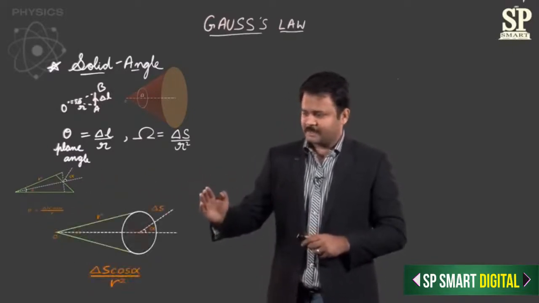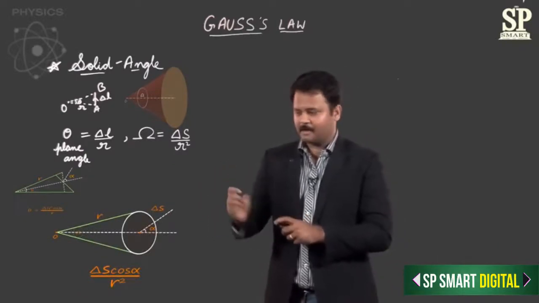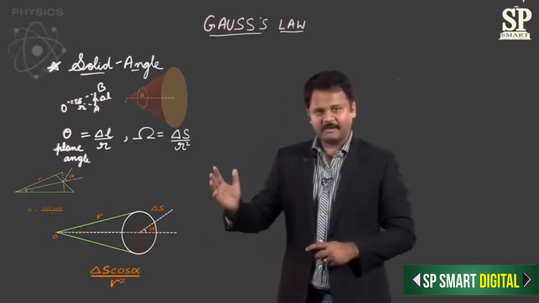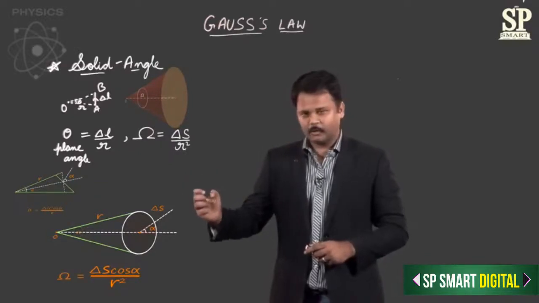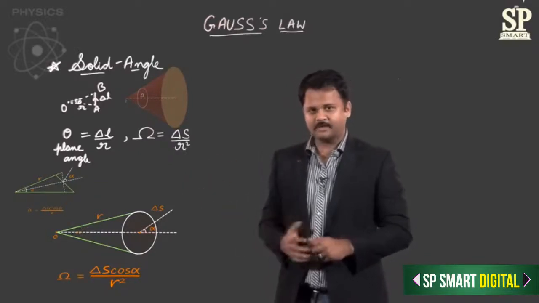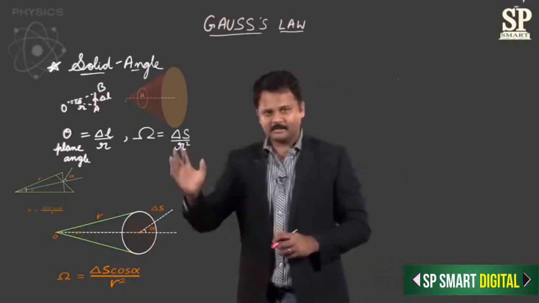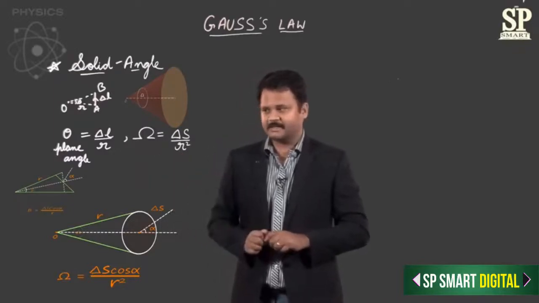Here you can see that there is a line making an angle of alpha with the normal to the surface. Then if we want to generalize the solid angle formula here, we can say that omega is equal to delta S cos alpha upon R square. So now we can define plane angles as well as solid angles for all these cases and a general case as well.